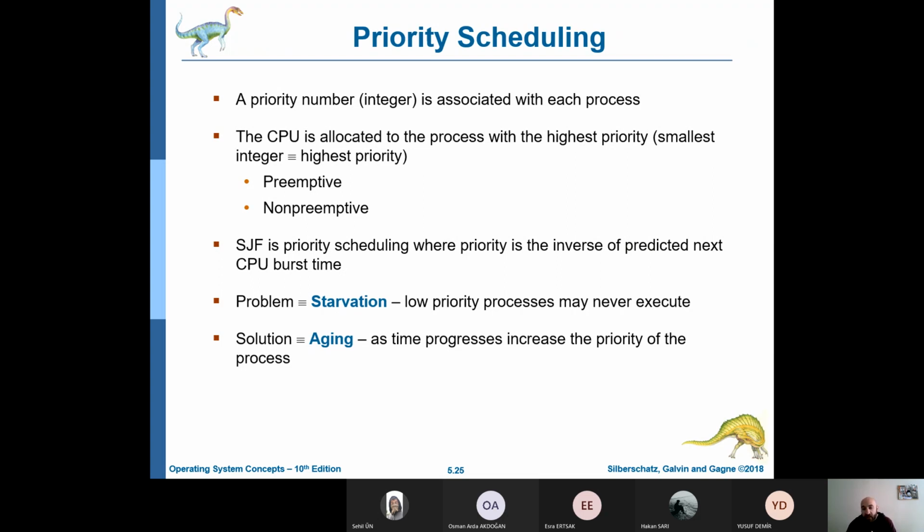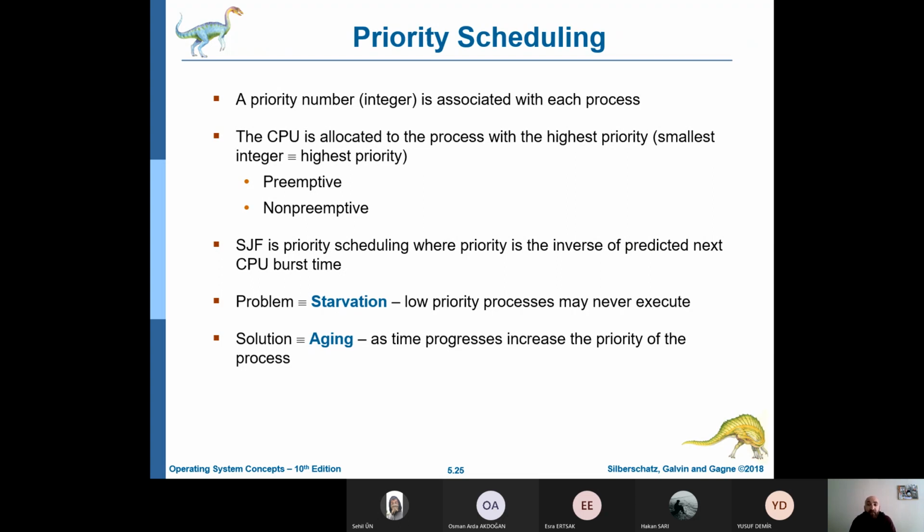Aging involves gradually increasing the priority of processes that wait in the system for a long time. For example, if priorities range from 127, which is low, to 0, which is high, we could periodically, say every second, increase the priority of a waiting process by 1.